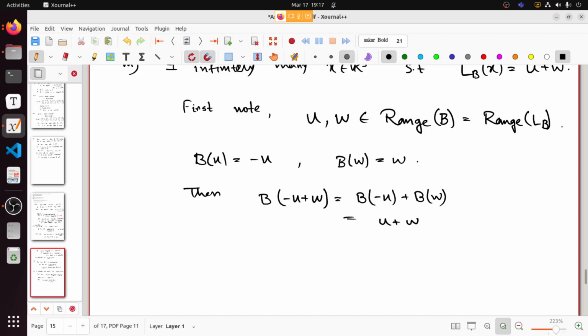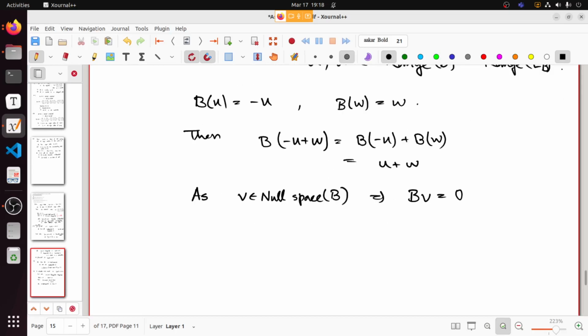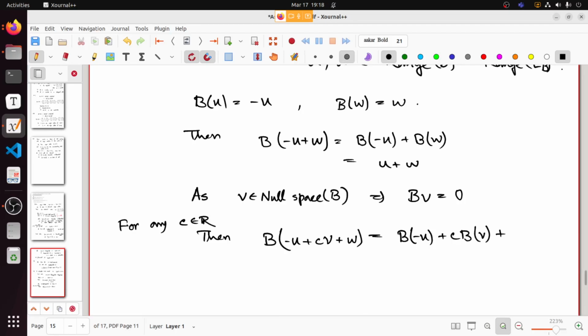Now you know that as B is in the null space, B of B is 0, right? Because B is an eigenvector with eigenvalue 0. So you can take, for any C in real numbers, minus u plus C times B plus w. Where will it map? It will map to B of minus u plus C times B of B plus B of w.